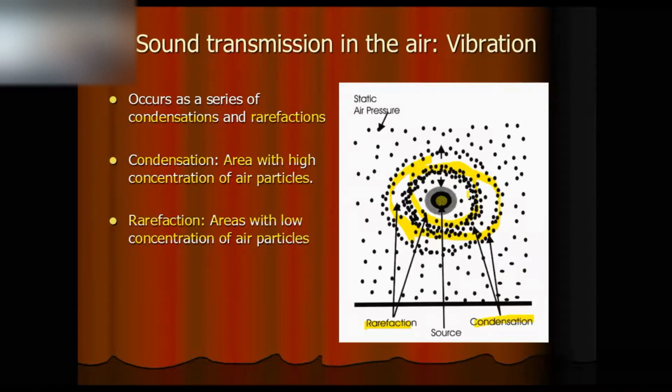So we can see that the particles in one area are not transmitted. What has been transmitted? The vibration. Vibration is transmitted, not particles in the air. That's a very important understanding of sound and transmission.